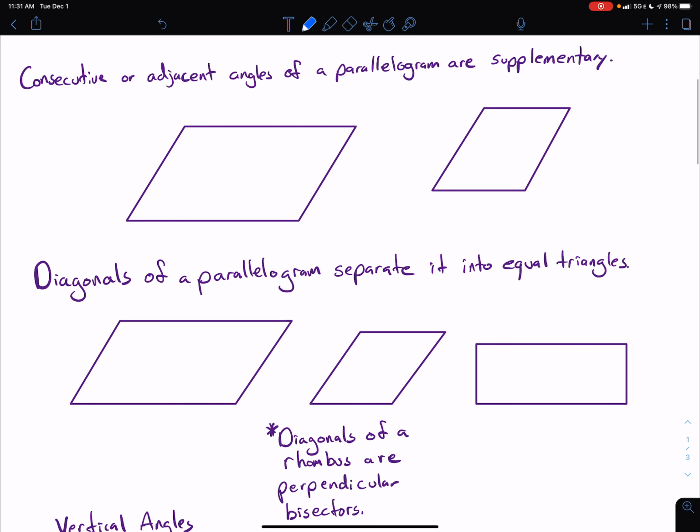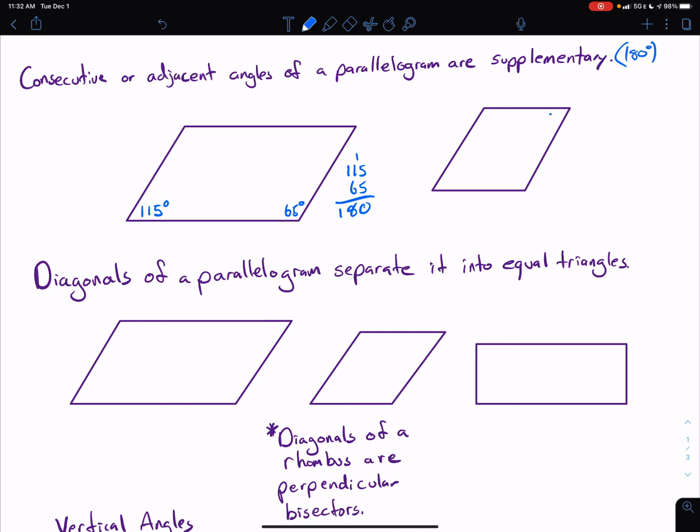All right, consecutive or adjacent angles of a parallelogram are supplementary. So that means that if this one is 115 degrees, this one has to be 65 degrees, because these are consecutive or adjacent. They're right next to each other. 115 and 65 make 180 degrees, which is supplementary, in case you've forgotten that.